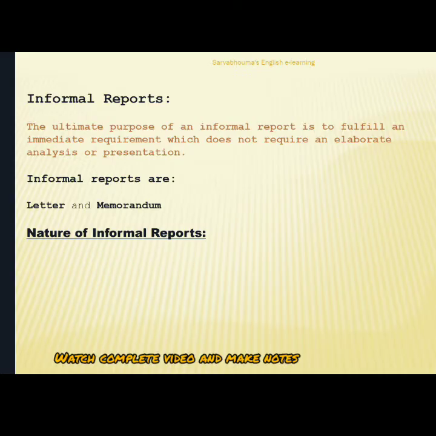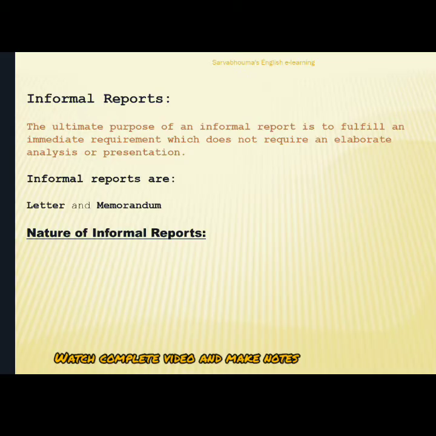Okay, I'm not going to emphasize letter and memorandum much. I just want to say something about them. Usually a letter is longer than a memo or memorandum. We usually consider letter writing as less informal and memorandum as more informal.